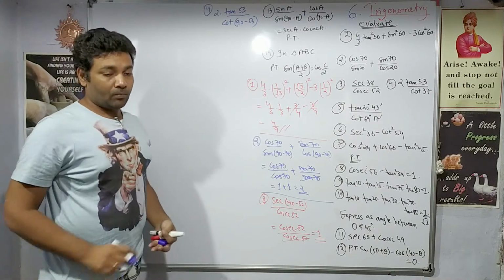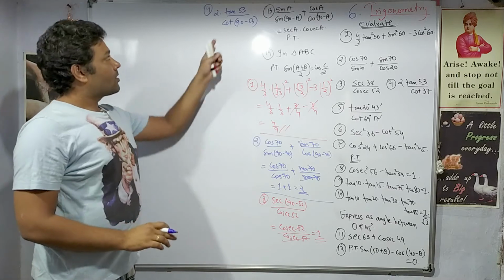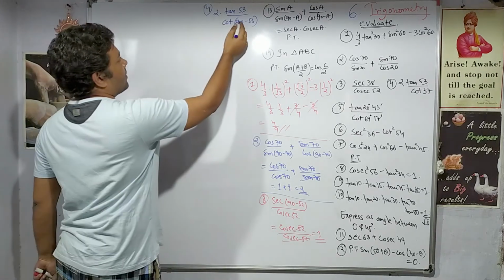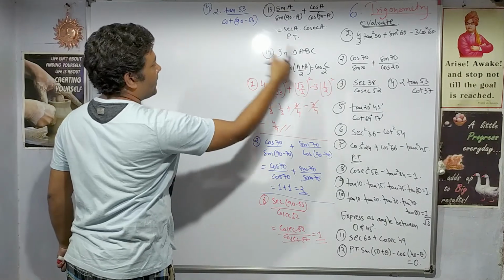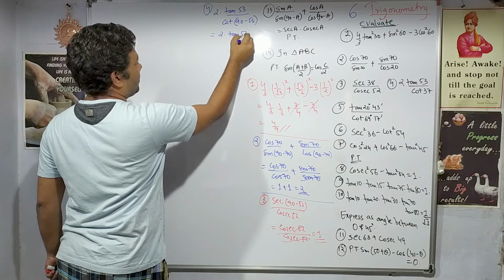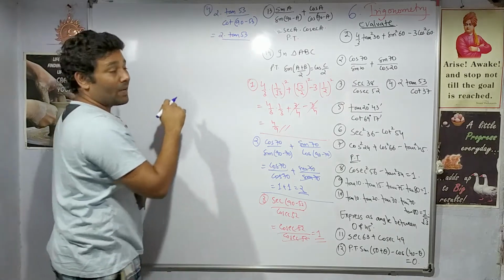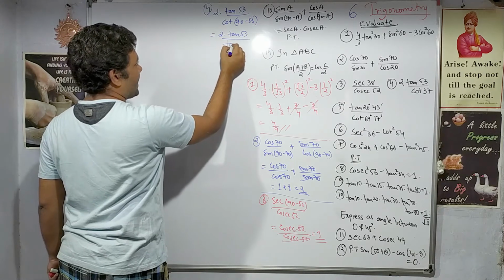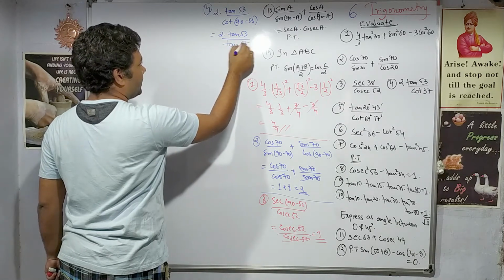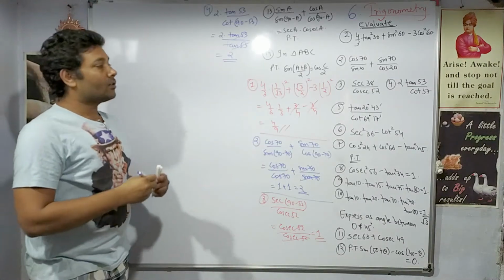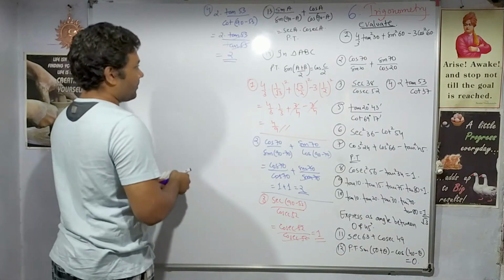So 37 can be written as 90 minus 53. What is the value of cot 90 minus x? It is tan x. In place of x we have 53. So that is again simple. Answer 2.